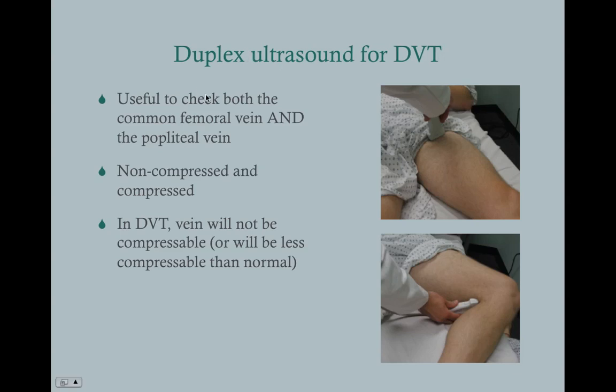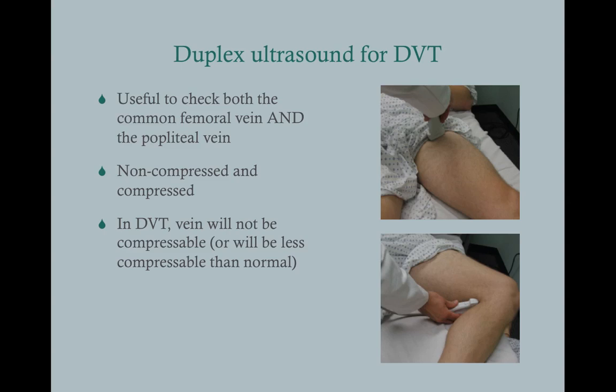So it's useful to check both the femoral and popliteal vein, and what you do with the duplex ultrasound is you're going to look at the vein applying gentle pressure, and then you're going to look at it applying direct pressure. So you're looking at it in non-compressed and compressed.